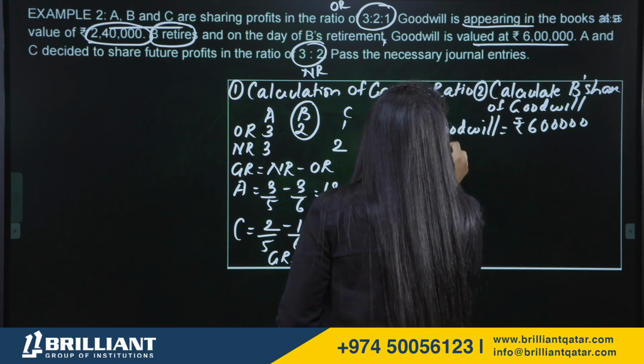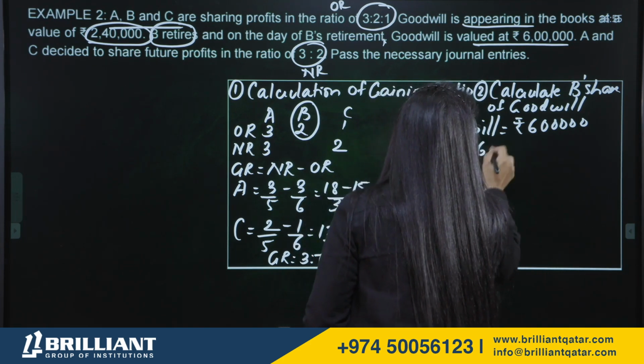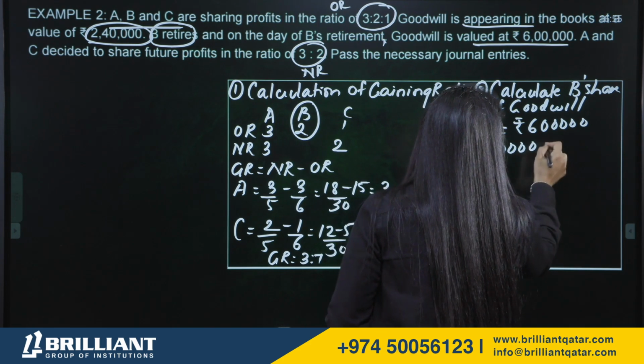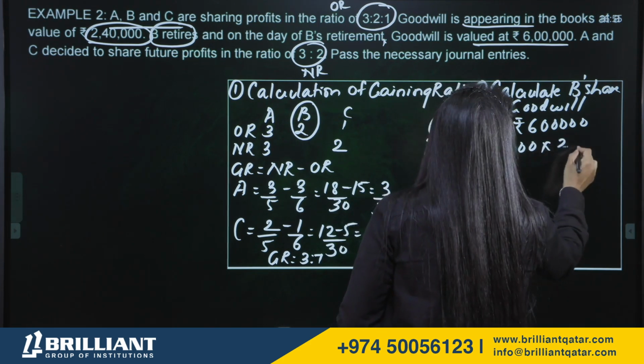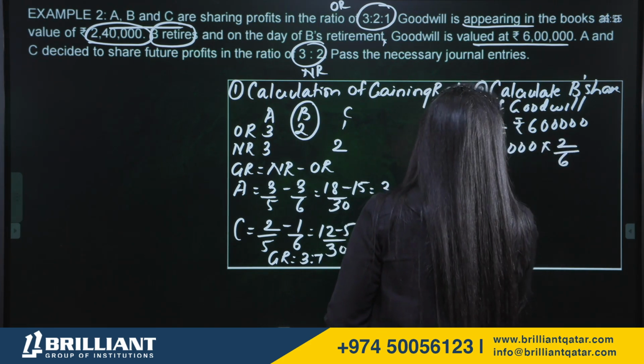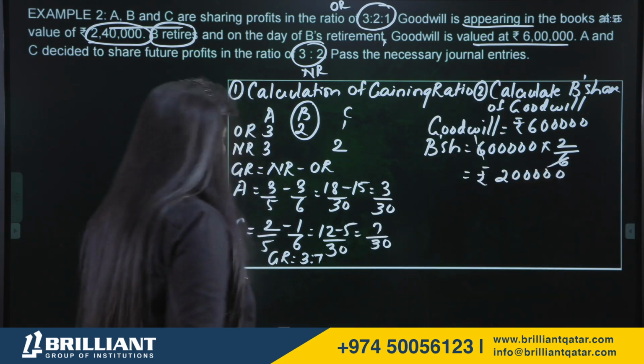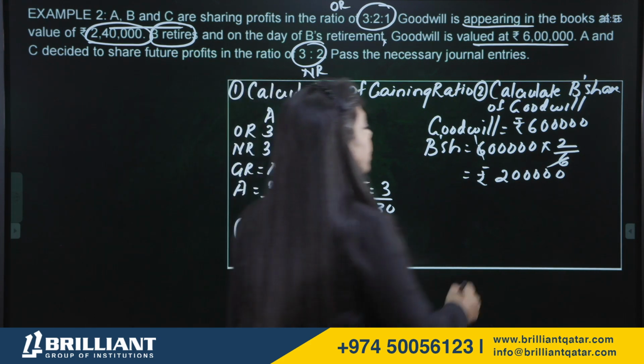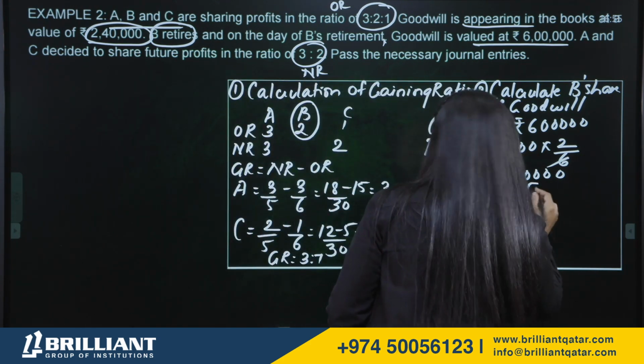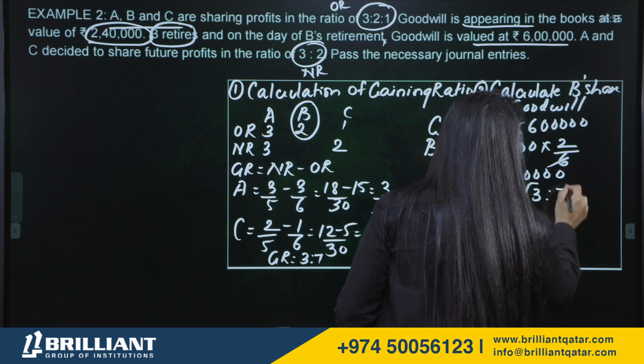And B's share is equal to 6 lakhs into his share, 2/6, which is equal to rupees 2 lakh. Now, this particular 2 lakh will be distributed in the gaining ratio, that is 3:7.